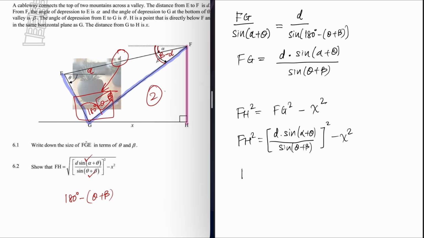So that means FH is simply going to be the square root of that whole mess. So D times sine alpha plus theta over sine of theta plus beta, and that's all squared minus x squared.